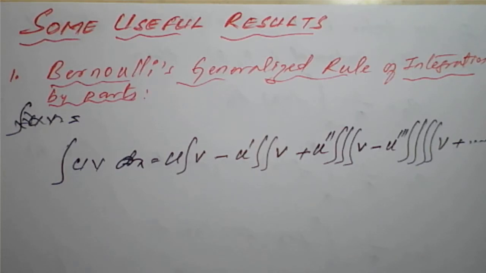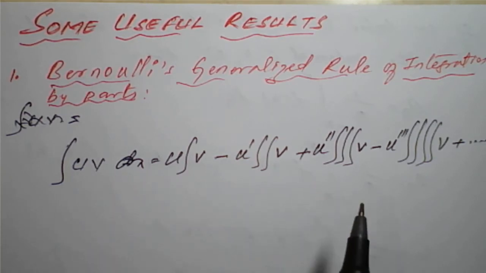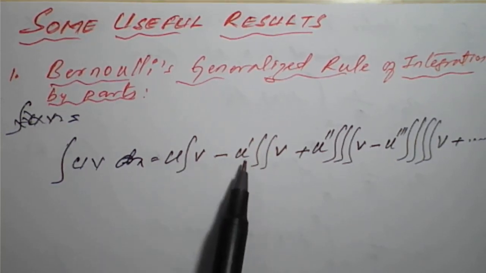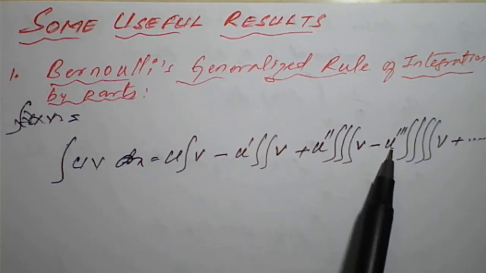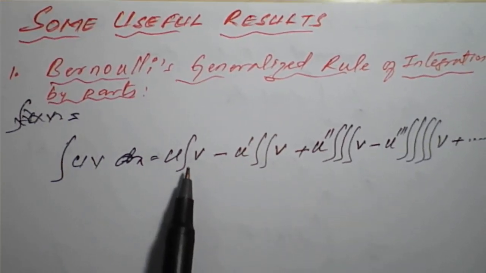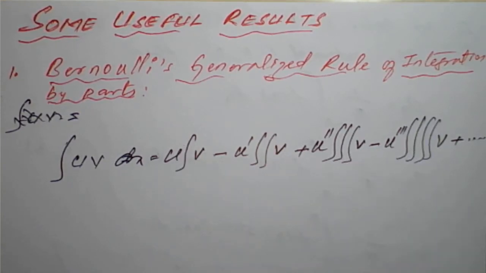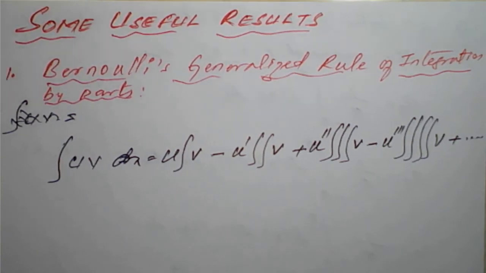To find A naught, A n, B n, we can take the help of Bernoulli's generalized rule of integration by parts. Here you remember u dash, u double dash, u triple dash is nothing but successive differentiation, and integration of v, double integration of v, triple integration of v is nothing but simple integration. You need to remember this.